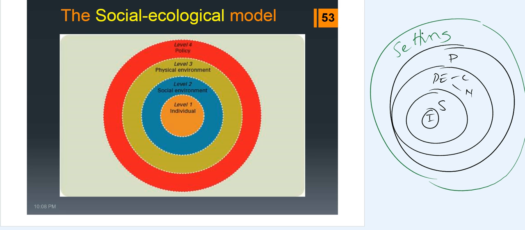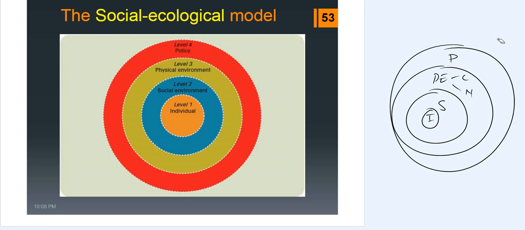So would we be looking at this from a workplace perspective? Would we be looking at this from a school perspective, a community perspective, etc.? But what Vika says that we need to look at are these important things.